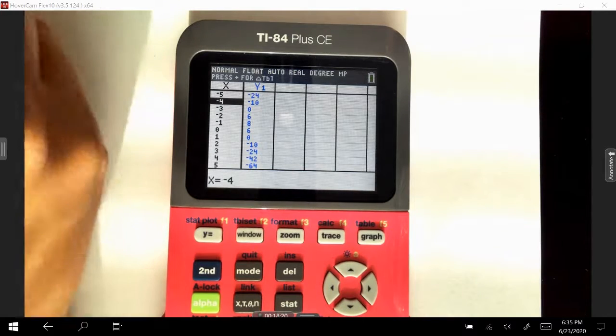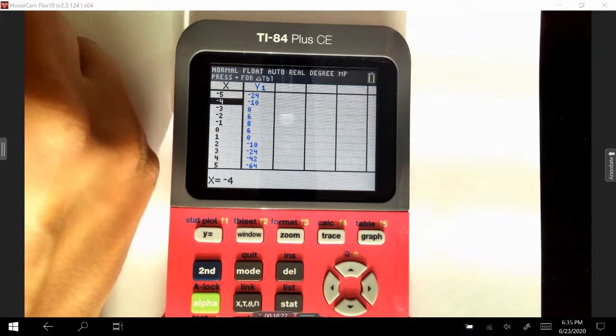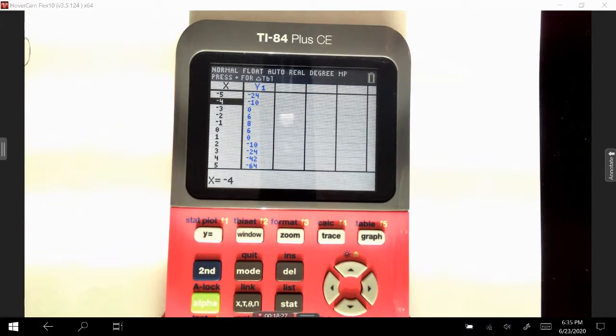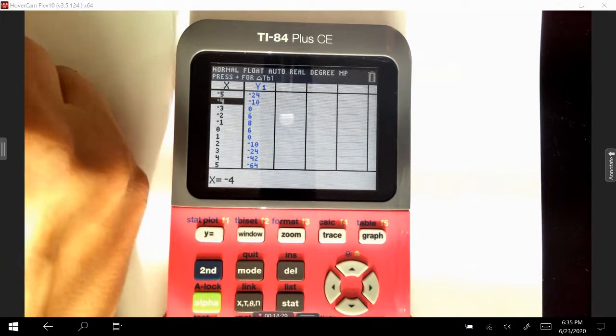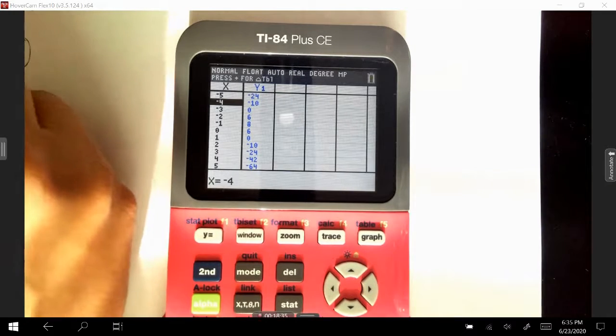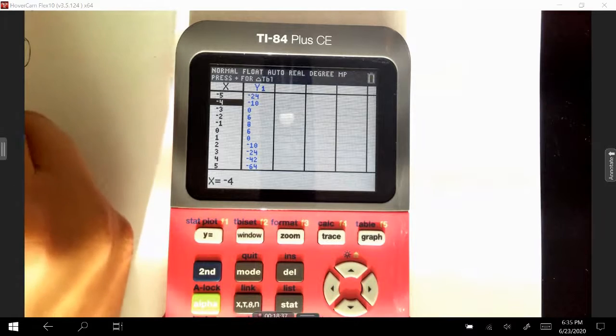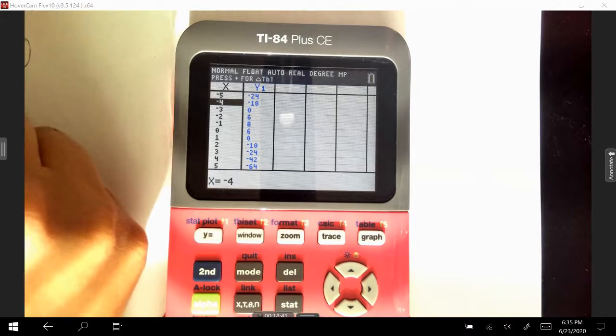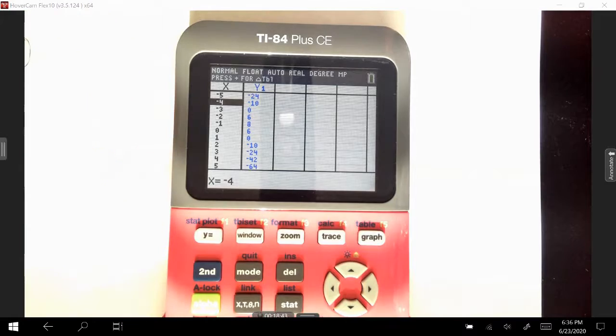-4, -10. I'm just going to make a note of this. I'm going to make a note of -3, 0. I'm going to make a note of -2, 6. I'm going to make a note of -1, 8, 0, 6, 1, 0, and 2, -10. And those are really all the ones that'll fit on our graph.